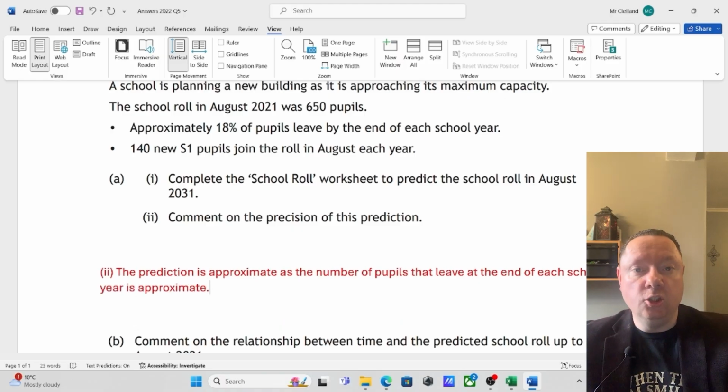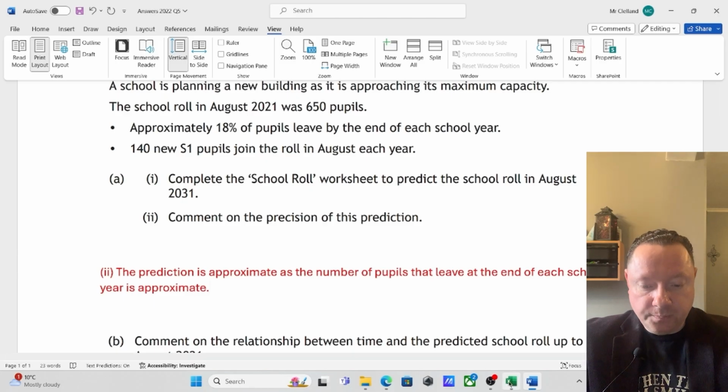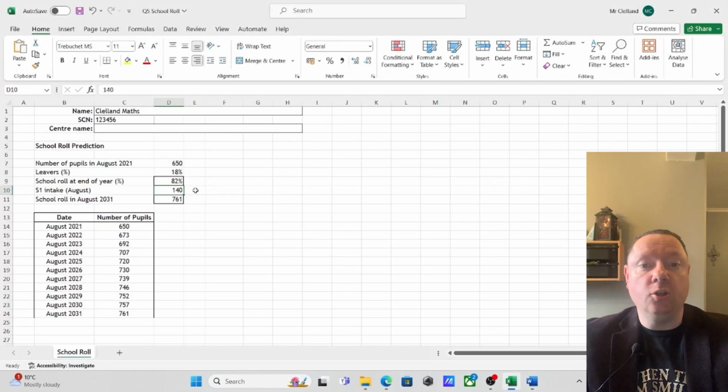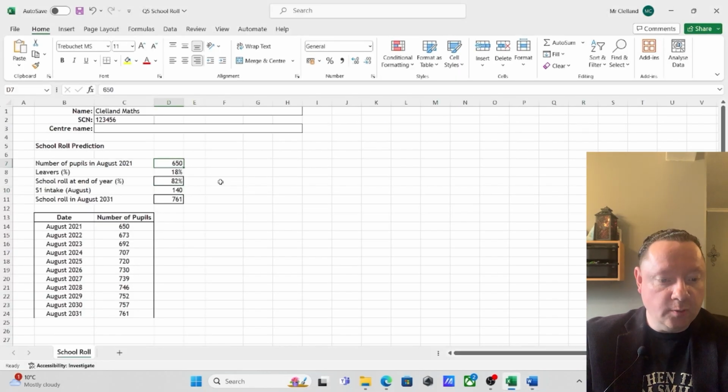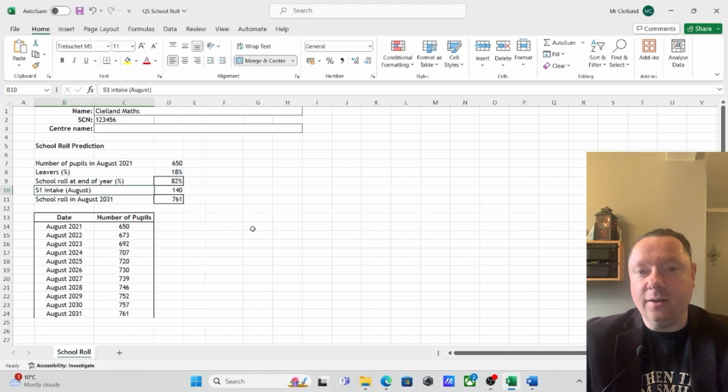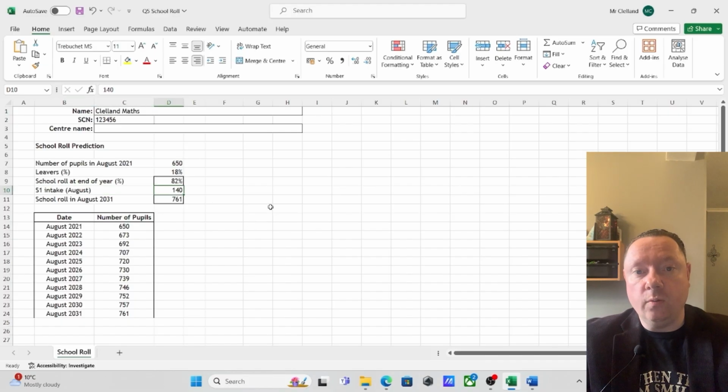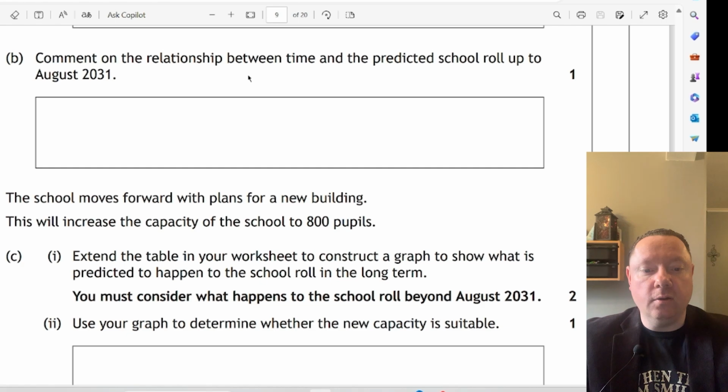And with these questions, usually when you're talking about precision or predictions, if we go back, we look at the variables that could change. For instance, the leavers could change, but really the S1 intake, is that really 140 each year? The question says it is, but that could change too. So looking at these questions, you're looking at just making a comment on these numbers being accurate or whether they can change or not. Part B, comment on the relationship between time and predicted school roll up to August 2031.